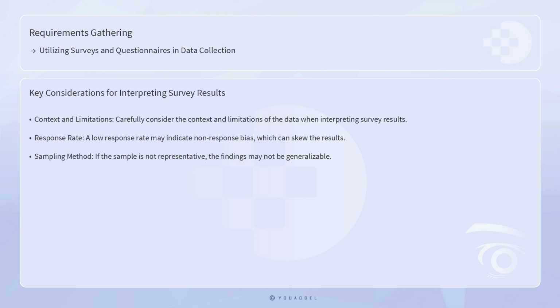It is important to consider the response rate, sampling method, and potential sources of bias when interpreting the results. For example, a low response rate may indicate non-response bias, where the views of non-respondents differ from those of respondents, potentially skewing the results. Similarly, if the sample is not representative of the population, the findings may not be generalizable.